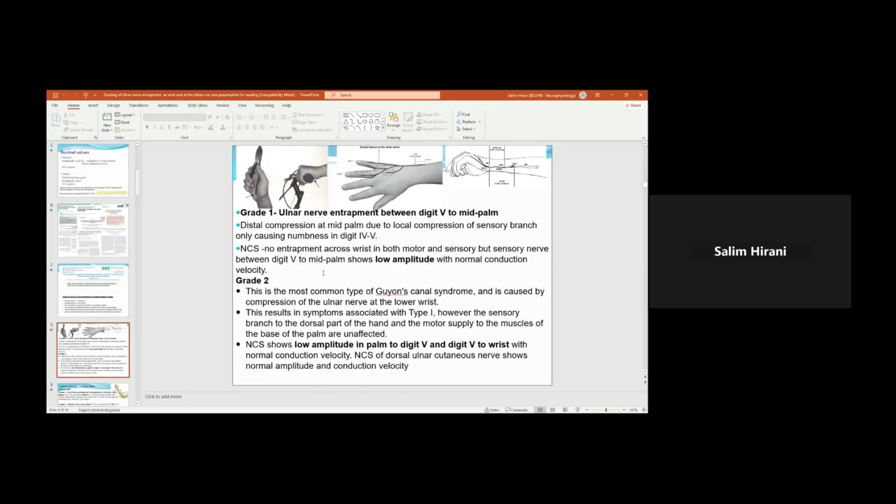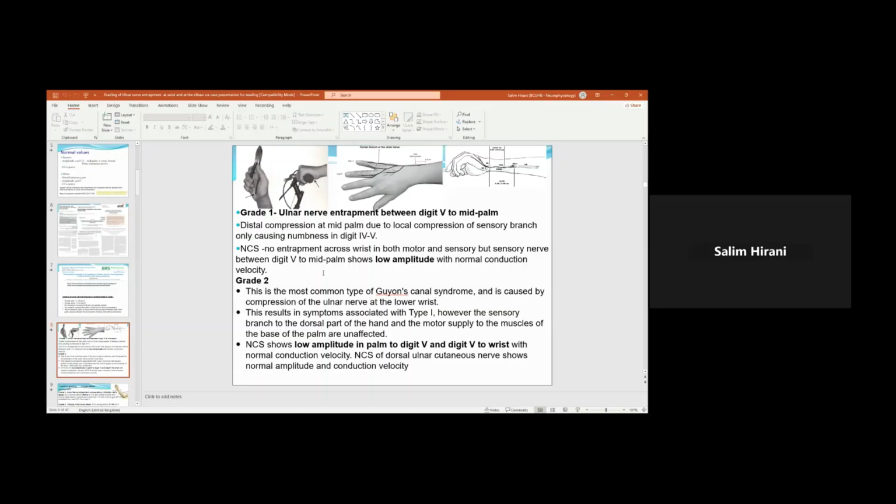In the second grade, which is the most common, which people know about, is Guyon's canal, where the compression is at the lower wrist, and the symptoms are almost the same as type 1. However, the sensory branch of the dorsal part of the hand is unaffected in this grade, as compared to grade 1 type 1, where there's compression of the motor part as well.